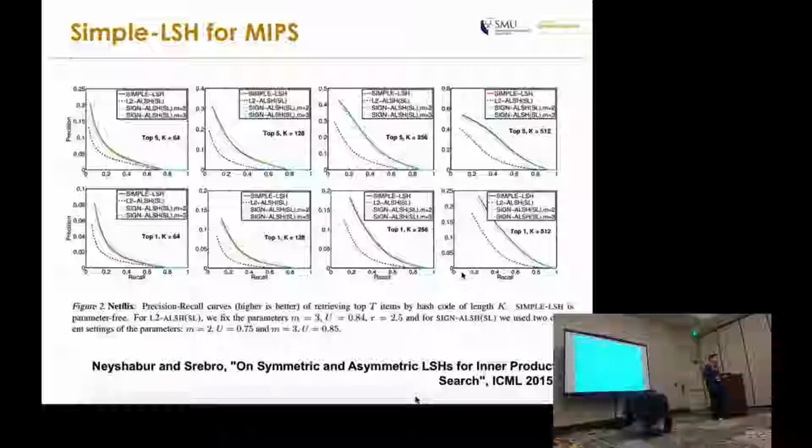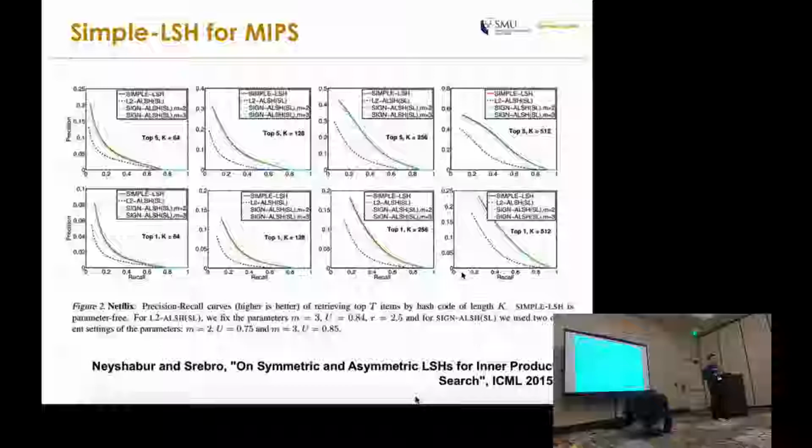So that is to say that by transforming the user and item vectors into just one more higher dimension, you can achieve better retrieval results while still maintaining high accuracy of the recommendation result.